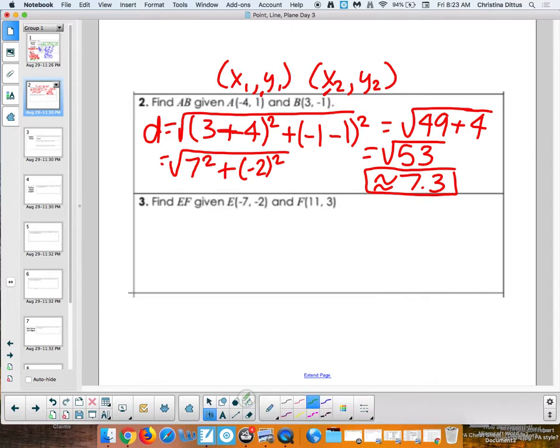Okay. Questions on that example? Okay, last example of the day. Distance, D. I got E, which is -7, -2, so let's go x1, y1. And F, which is 11, 3, x2, y2.